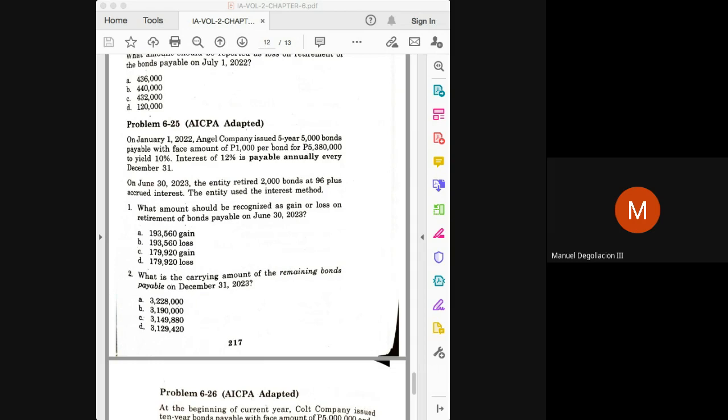Okay, the face value is 2 million. You add the remaining premium on this portion of the total bonds, you would get 2,113,560.